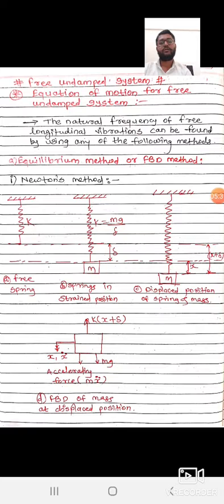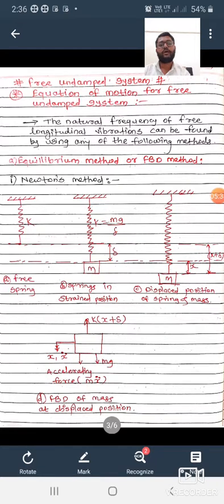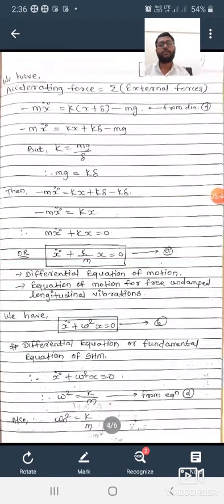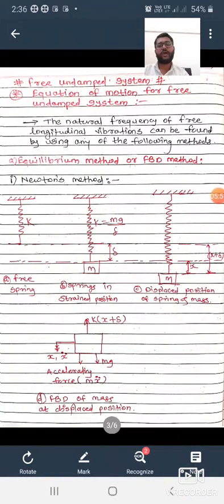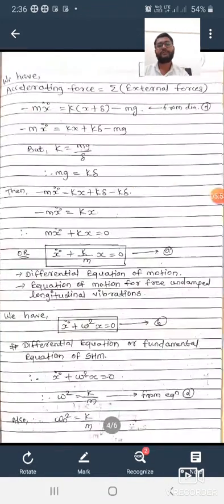So three major forces are acting: k into x plus delta, mg, and m into x double dot. So we have accelerating force equal to summation of external forces. In this FBD the accelerating force is m x double dot.